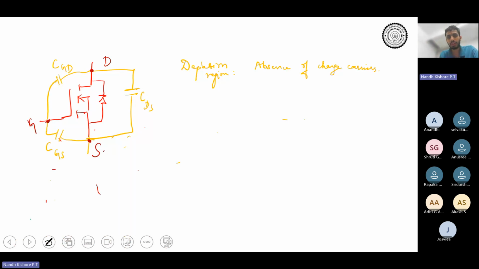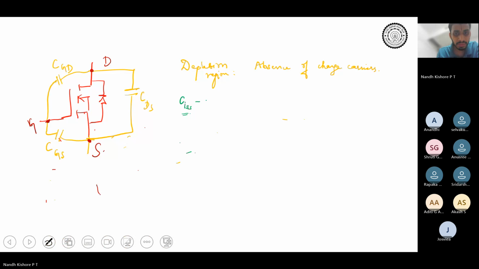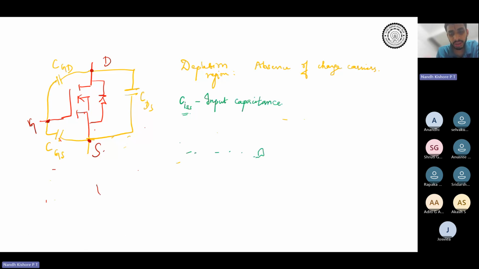So let's say you want to find out CISS, the input capacitance. What do you do?